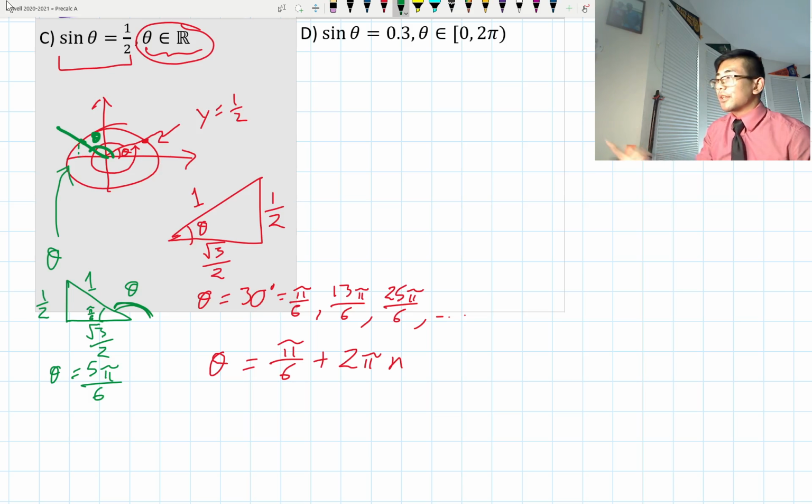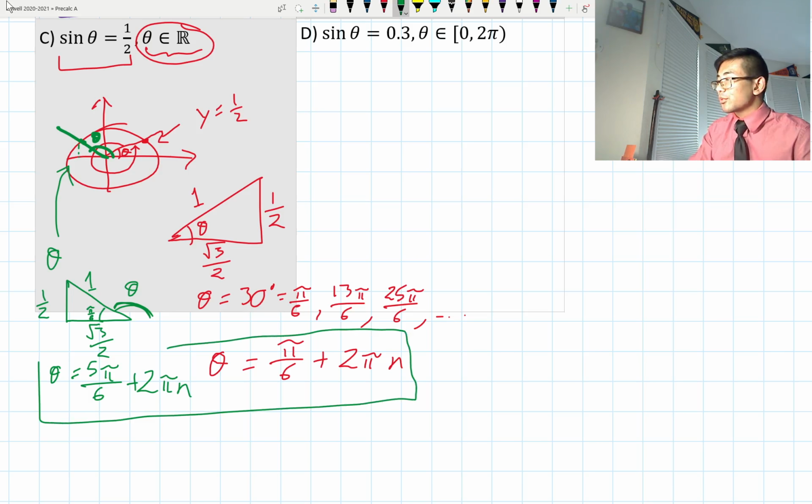And we had the same situation as previously, where I could take 5 pi over 6, or I could go around another full revolution, and another, and so on. So just like before, a shortcut way to say that we can keep doing this is to add plus 2 pi n.